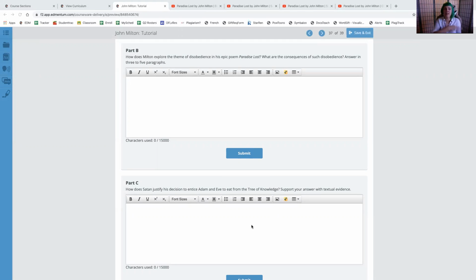He leaves, fights against heaven and all of that. Satan chooses to try to entice mankind to ruin this perfect Eden that God has created. And then Eve eats that fruit. Those are ways that he explores the themes.